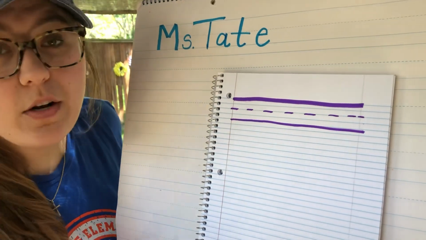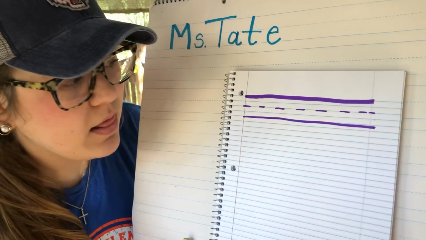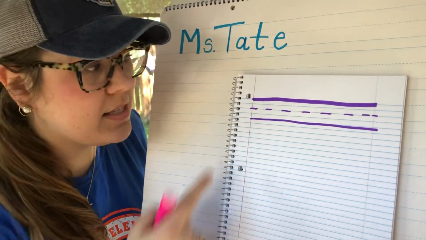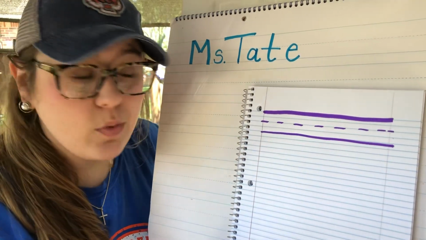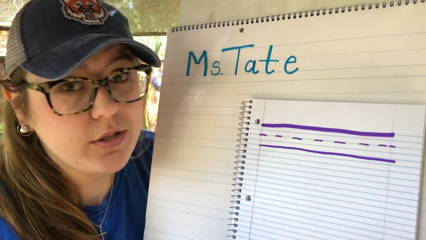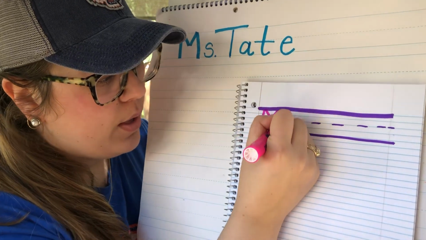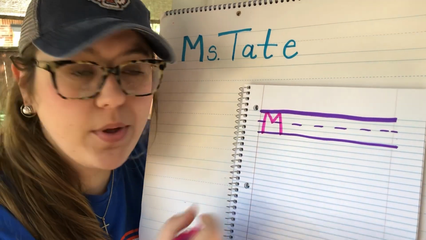So I'm gonna write my name again now that I have my lines for my capital and my lowercase, and we can do it just like we did on these, okay? Make sure that we're gonna have a finger space in between our words so they're not smushed together. So my capital M goes all the way to the top.